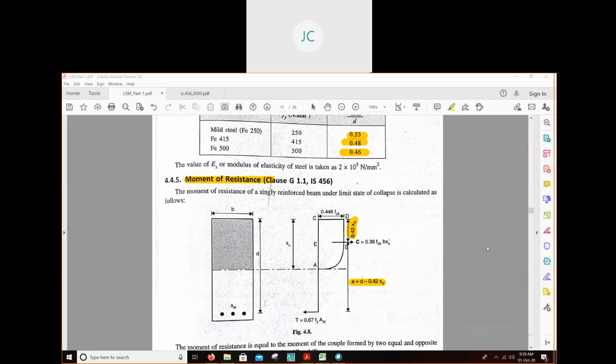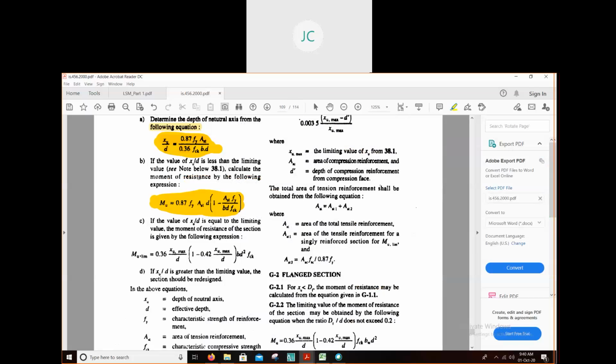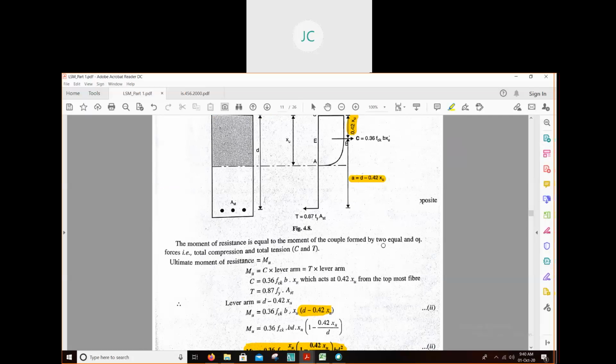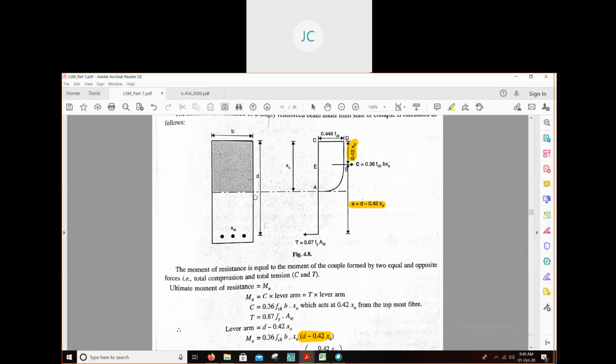So again, go to IS 456, open the PDF, and go to Annexure G, clause number G.1.1. I think it will be page number 96. I hope all of you have got the page.